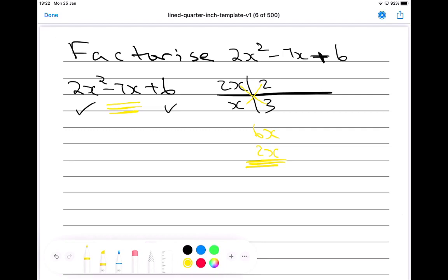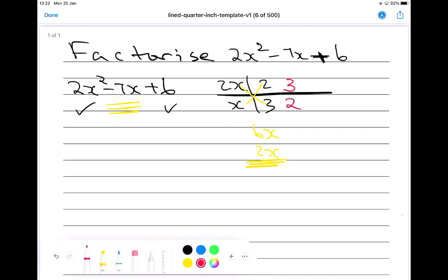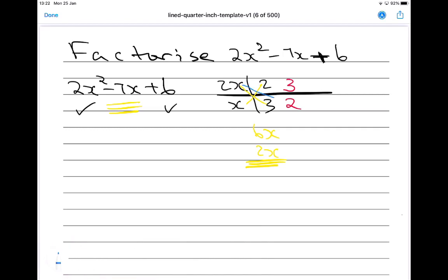Don't give up on 2 and 3. Maybe you just need to write them the other way around. Maybe 3 should be up here and 2 should be down there. Now check whether that works. If you take this and multiply there, you get 4x, right? And if you take that and multiply there, you get 3x. We are trying to get 7x. Can we get 7x from here?